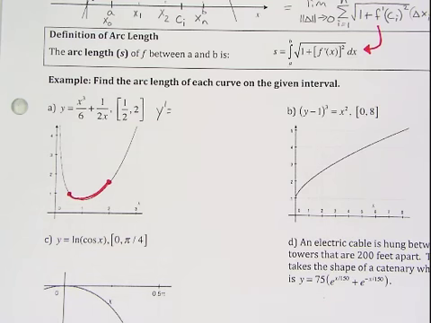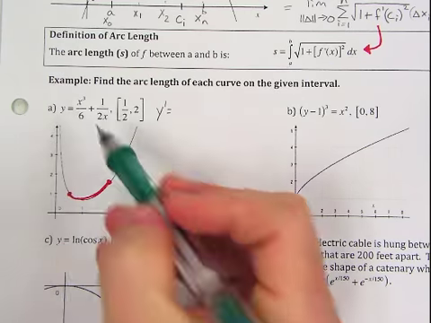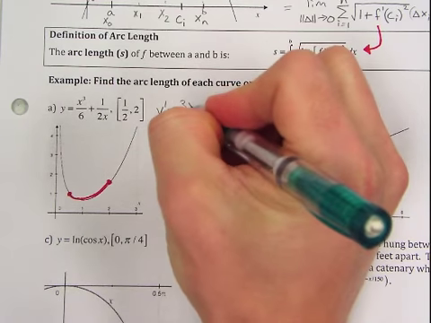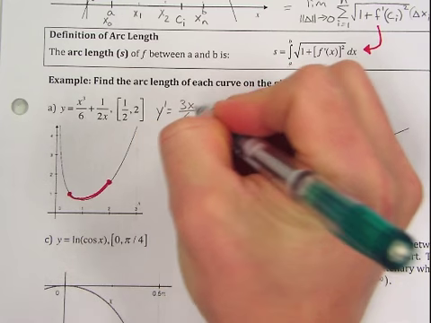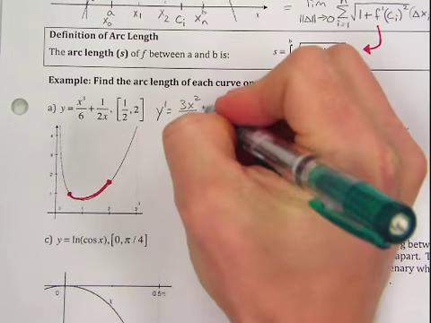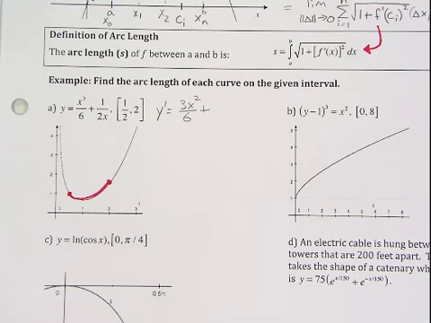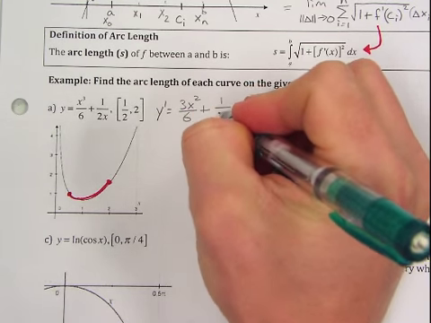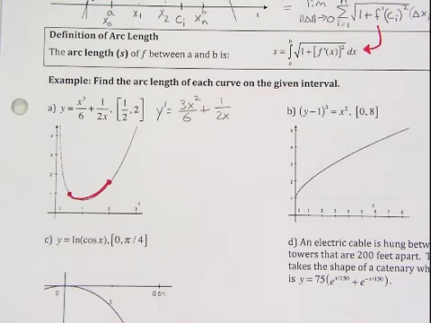So now we've got to think about first semester way back when. Remember the power rule? The 3 is going to go in front of the x, and then we decrease the power by 1. Now remember, when x is in the denominator, that really means x to the -1.